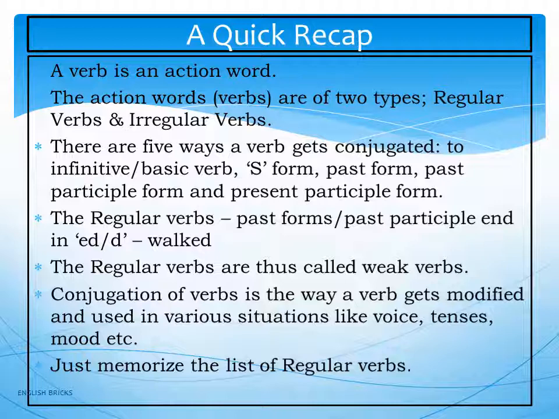For example, break, B-R-E-A-K. Now when I change it into the past form, B-R-O-K-E, there's a change in the vowel. So break, broke and broken are irregular verbs and they are called the strong verbs.